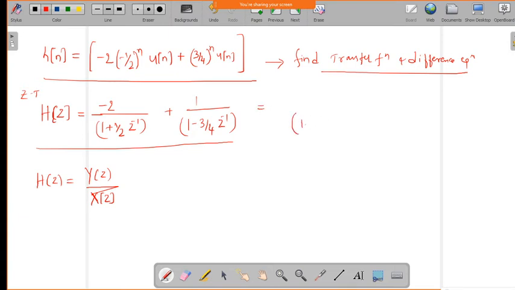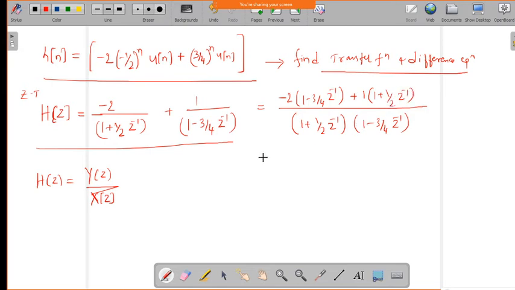So we will get 1 plus 1 by 2 into z inverse, into 1 minus 3 by 4 into z inverse. So this you will get minus 2 times 1 minus 3 by 4 z inverse, plus 1 into 1 plus half times z inverse.